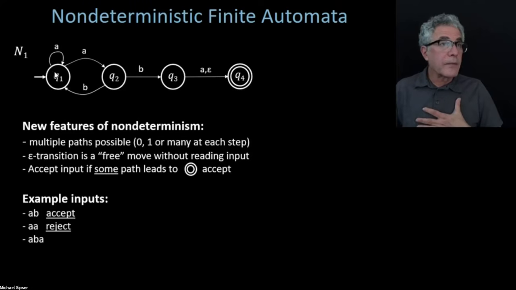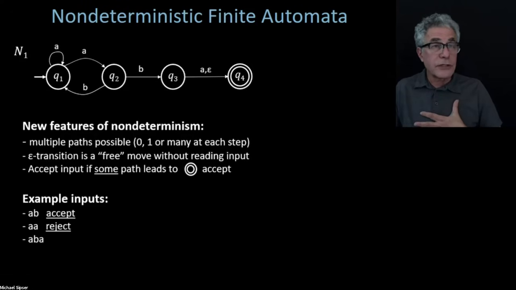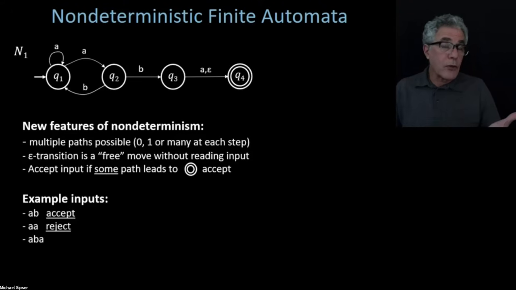Remember, after reading AB, the machine is in the two states Q3, Q4 as possibilities. That's what we had from the first example. Now we read another A. The Q4 on an A has nowhere to go. In fact, it has nowhere to go on any input.